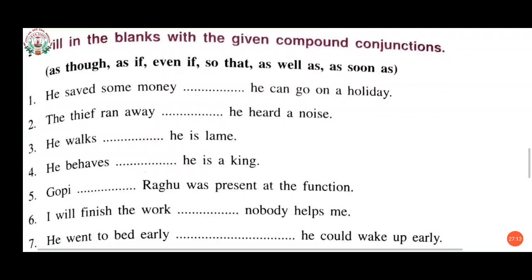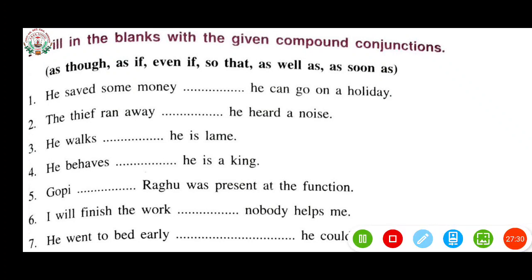Now students, E1 is fill in the blanks with the given compound conjunctions, and you know what compound conjunctions are: the words like as though, as if, as well as, as soon as. So first one: he saved some money dash he can go on a holiday.